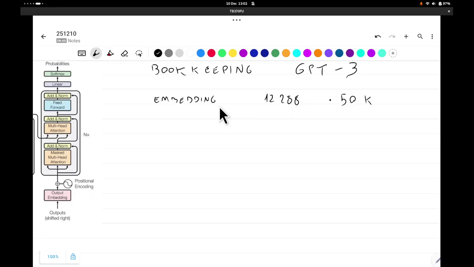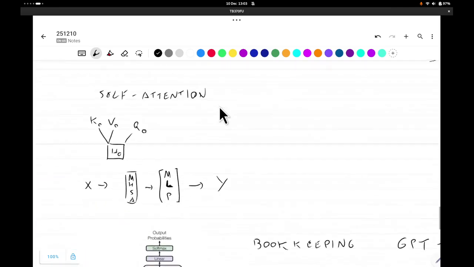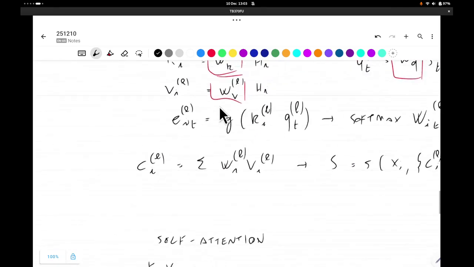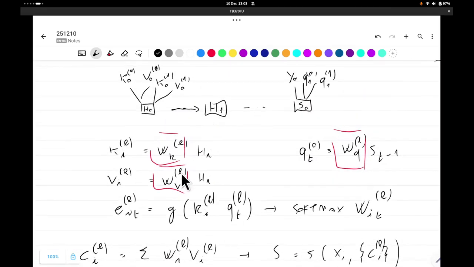Then we have the query, key and value matrices, and these are 128 times 12,288. So the 12,000 is the representation, same in the input and in the state vector.